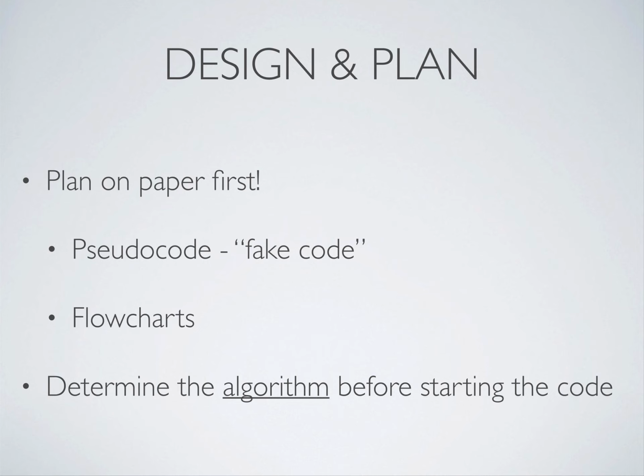Pseudocode means fake code. Flowcharts are more of a visual representation of a plan, so if you are a visual person, flowcharts might be your jam. Both of these are covered a little more in the textbooks, so definitely check that out. The main idea behind this design and plan phase is that you want to figure out the algorithm before starting the code.